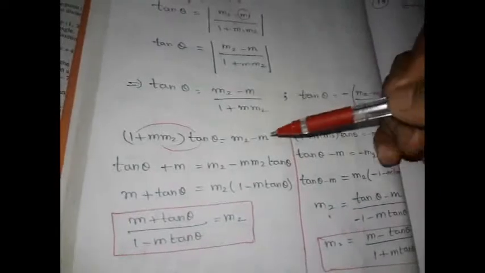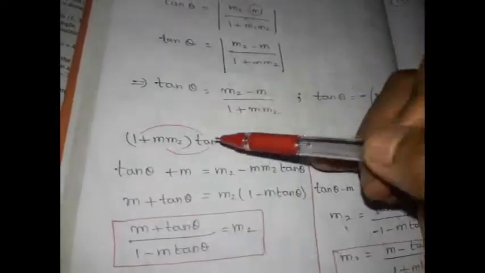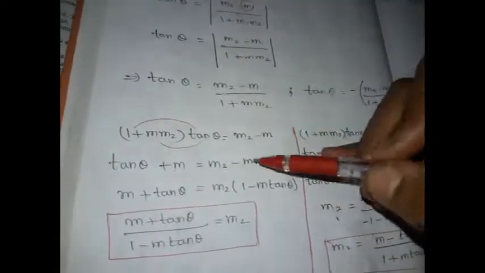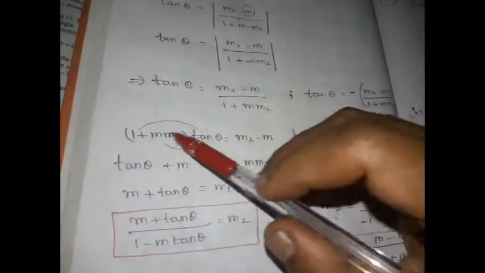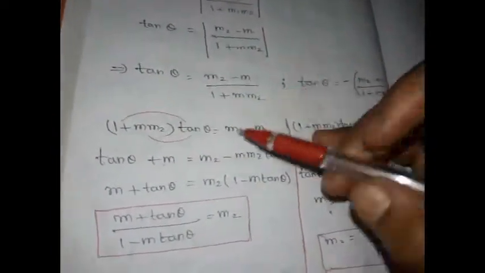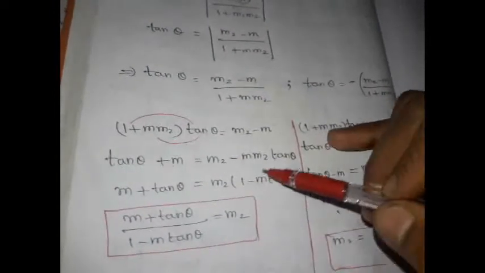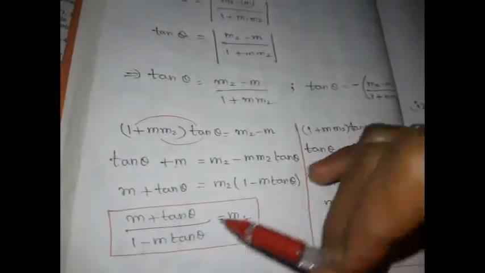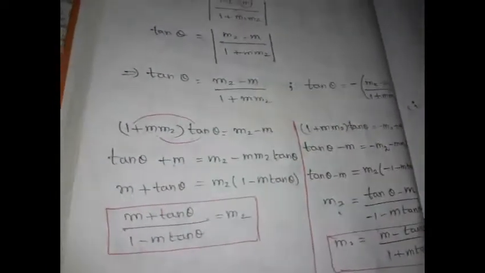Bring all the m2 terms to one side: tan theta into 1 is tan theta, and minus m I brought to the other side. m2 is already here, so this is a plus term. If I bring it to the other side, it becomes minus m2 tan theta. Now take m2 common: 1 minus m tan theta. So m2 is going to be m plus tan theta divided by 1 minus m tan theta.